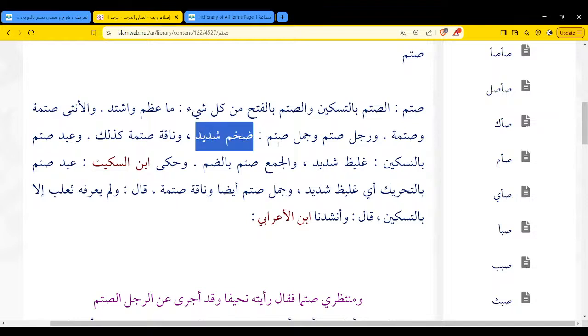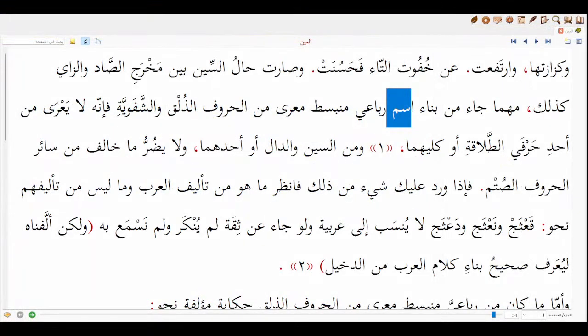The strong letters. Okay. So the word sutm means strong letters. So we're here. ولا يضر. And that which opposes from the rest of the strong letters is not a problem. I'm not sure exactly what that means, but we'll continue.